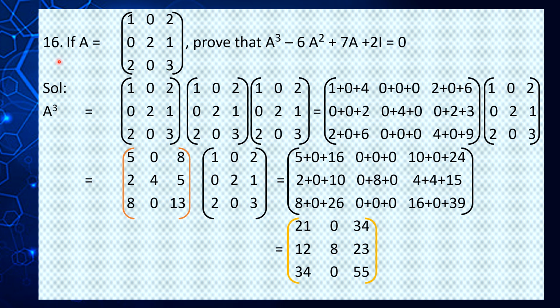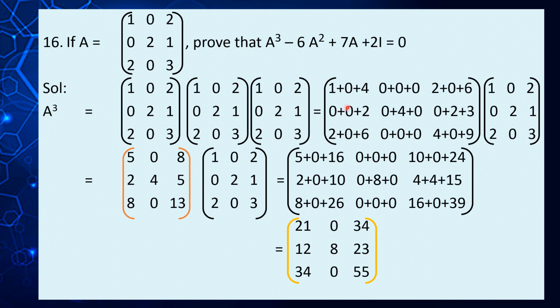16th question. If A is equal to this, prove that A cube minus 6A square plus 7A plus 2I is equal to 0. First, we would find the value of A cube, that is, first find the A square and then multiply another A to it.